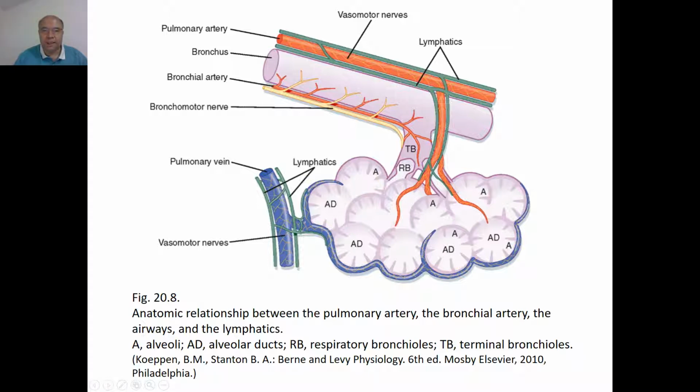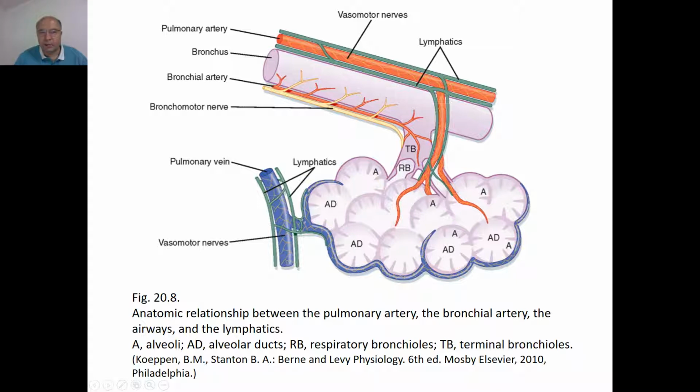As you see, the bronchial artery and the bronchial nerve come, as you see here, and provide oxygenated blood to the lung tissue, bronchi, and other parts of the lung to survive, okay?